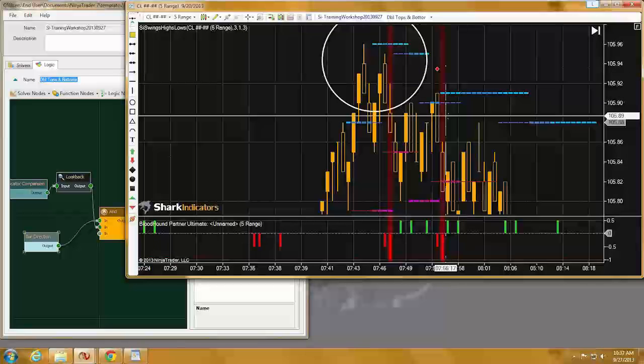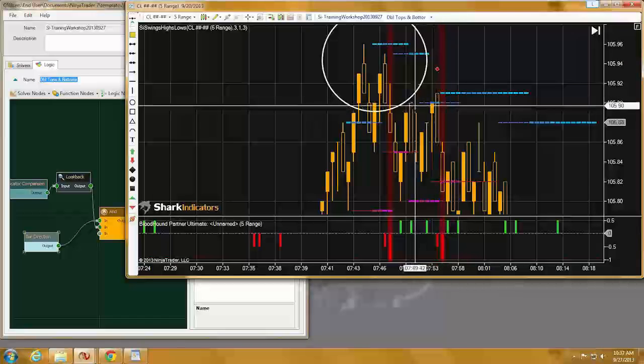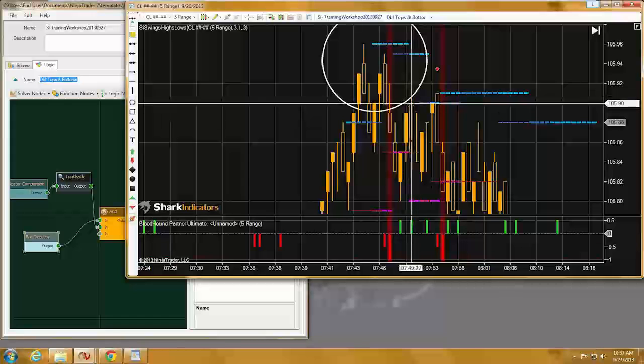Yeah, so what happened is you can see there's 2 bars here where we have the thicker magenta line that's detecting our widest tops. So we have 2 here that's detecting the widest tops. And that's coming from this bar here.